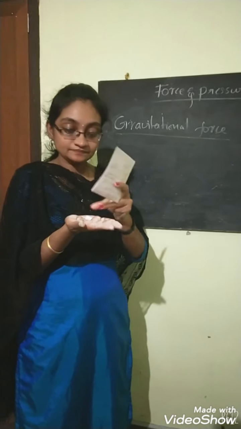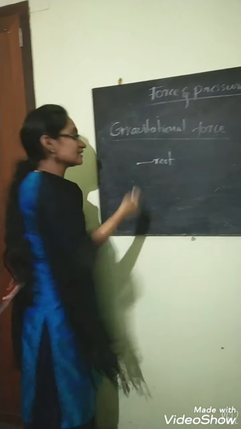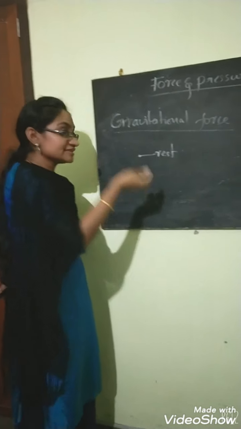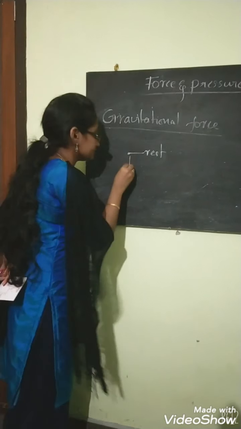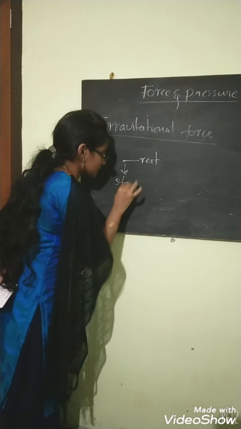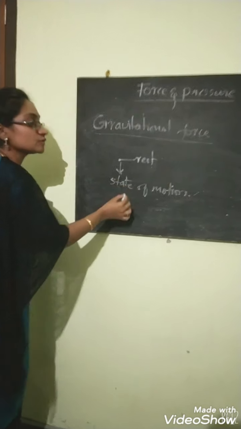When I hold this chalk in my hand, it is at rest. And when I drop it, it falls down, converting the state of rest to a state of motion.